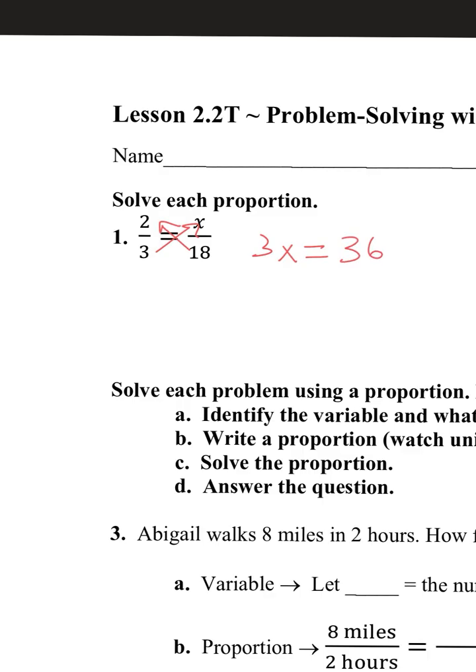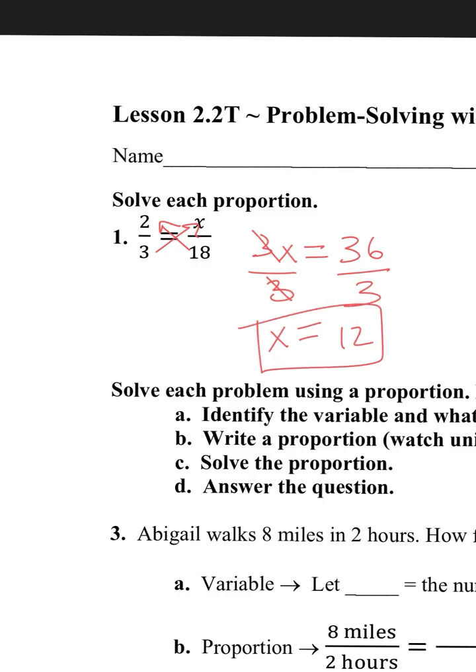To solve this proportion, we're going to divide both sides by the number that is attached to the variable, which is 3, and x equals, because when you multiply by 3 and divide by 3, they cancel each other out. And then 36 divided by 3 is, if you know your basic math facts, 12.